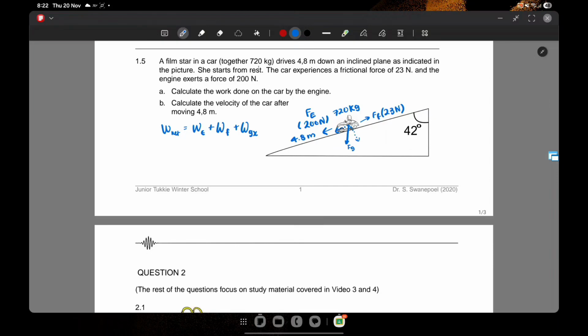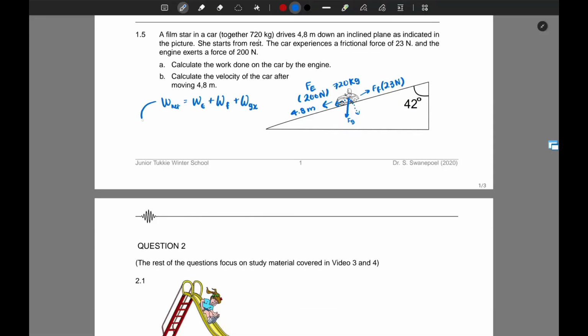Alright, so again, let's restate the formula. Sorry, it would be force times distance. This is for the engine. Force times distance for friction. And then the gravity component, we'll need the sine here because right now it's going like this when you want to find the horizontal component.